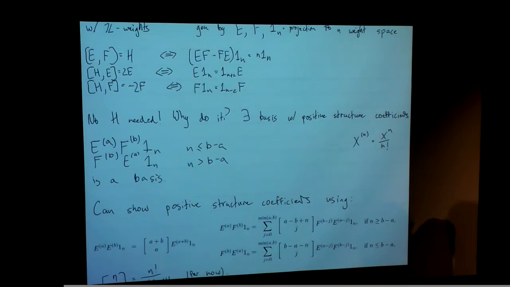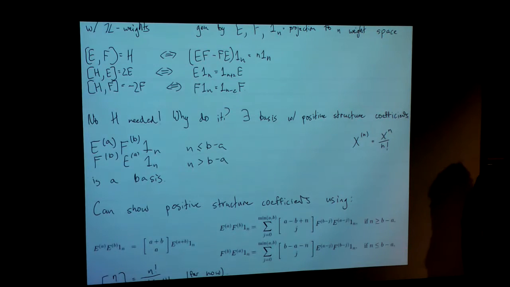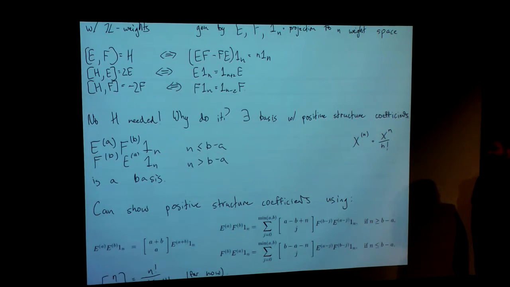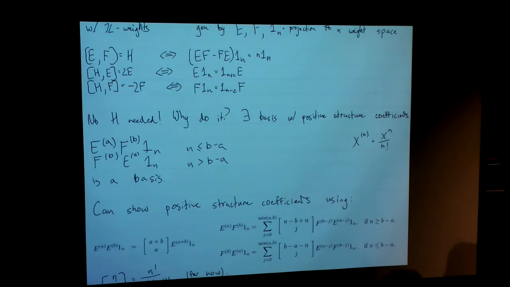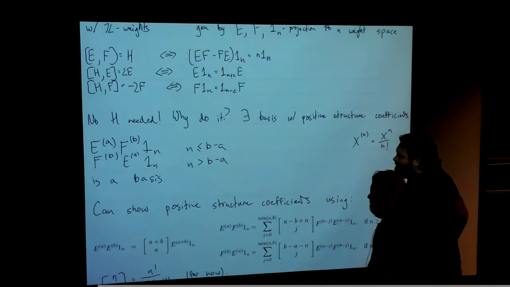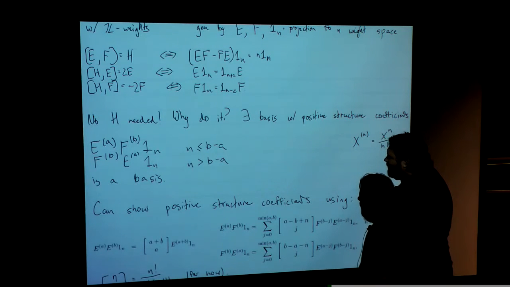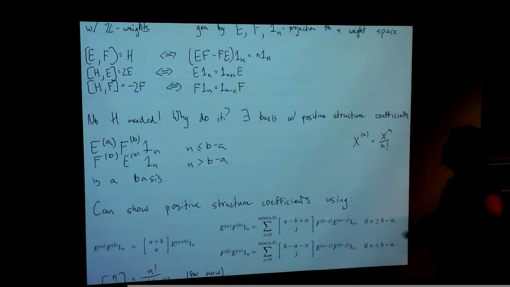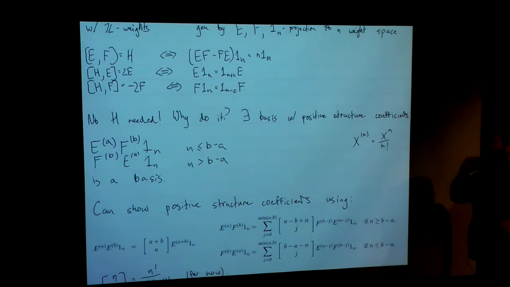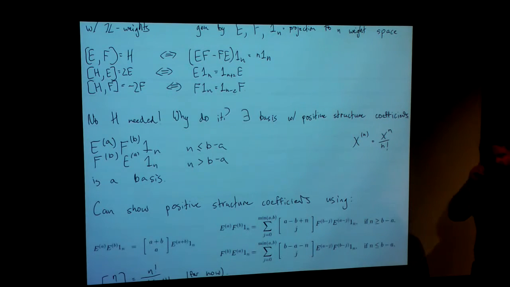Okay, so no H. Why do I do this? It seems kind of a perverse thing to do. But there actually is a good explanation, which is that by doing this, I can make a basis that has positive structure coefficients.